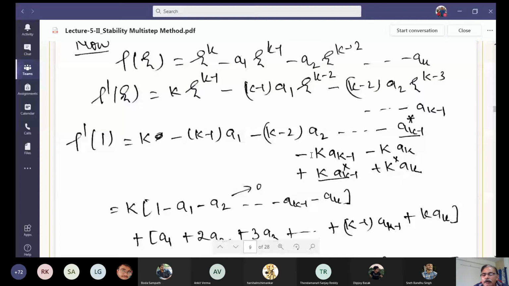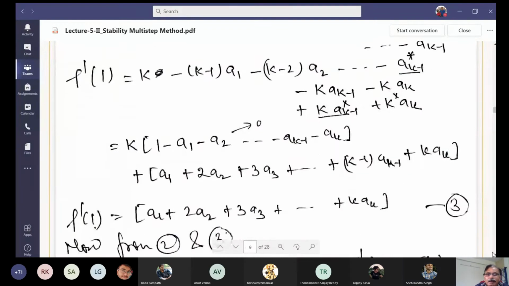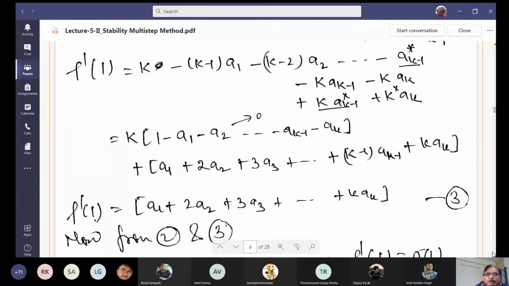And then we are subtracting minus k ak minus 1 minus k ak and then adding the same k ak minus 1 plus k ak. Is that right? After that, the job is over. It is just a simple manipulation, nothing is there.